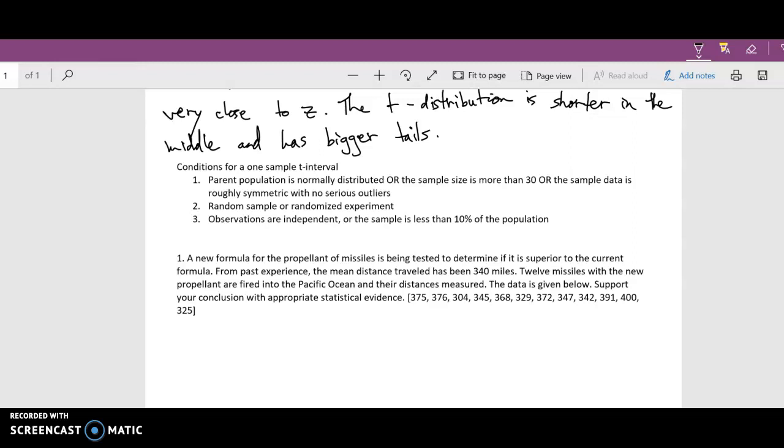So to check this roughly symmetric piece, we're going to use an easy calculation histogram website. This is one of your bookmarks for today. We would use the calculator, but we don't have that option.